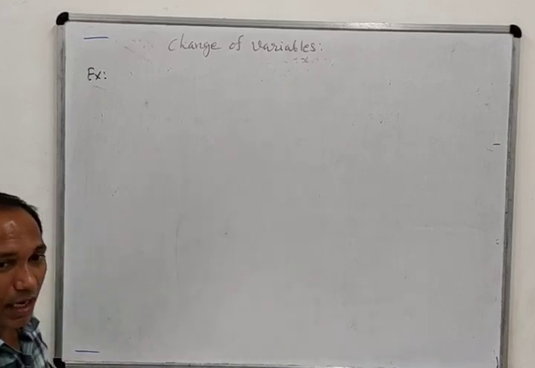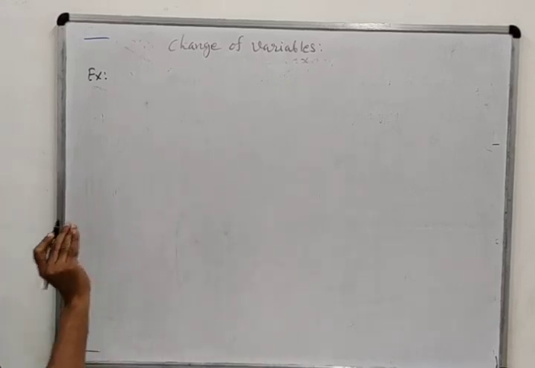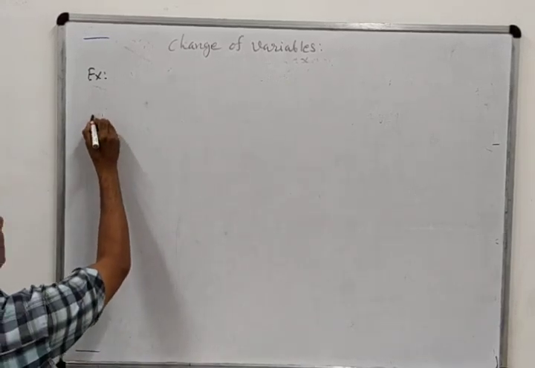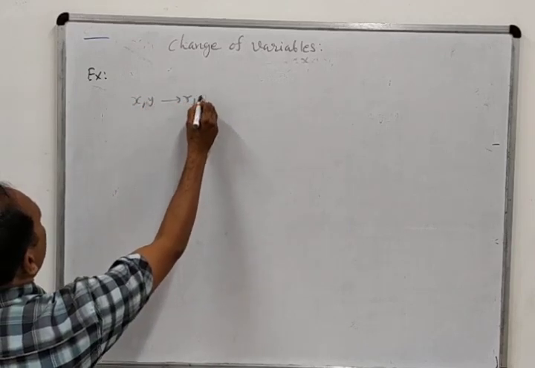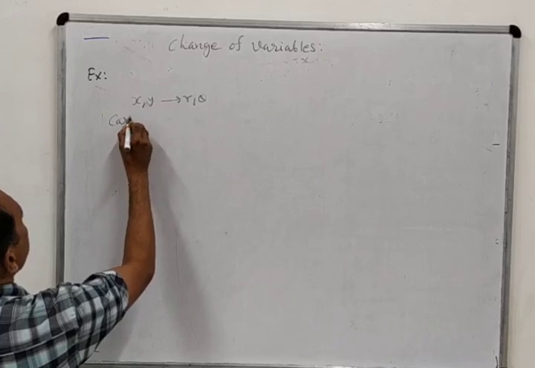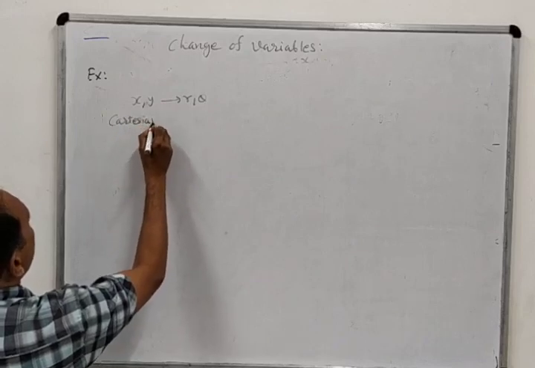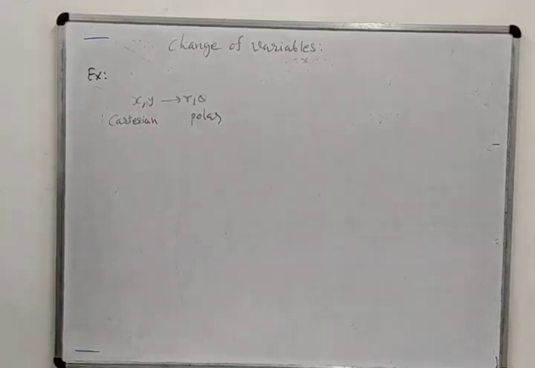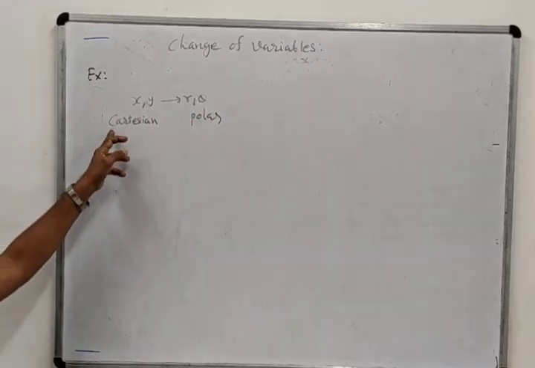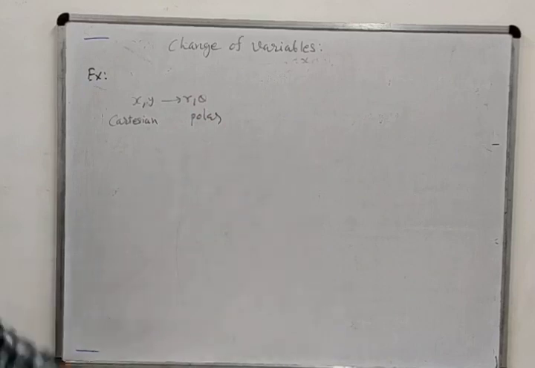Here, in the last examples, whatever we have considered about polar coordinates, that means we have converted x and y to r and theta. That means these are Cartesian coordinates and these are polar coordinates. Okay. So we have seen this kind of situation, that means conversion of Cartesian coordinates into polar coordinates.